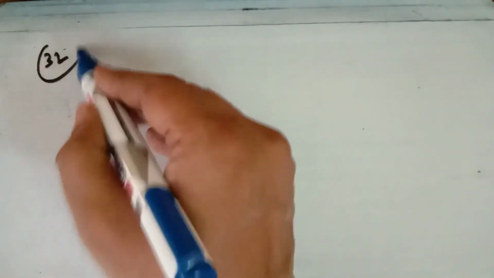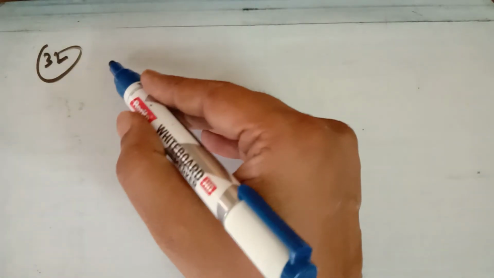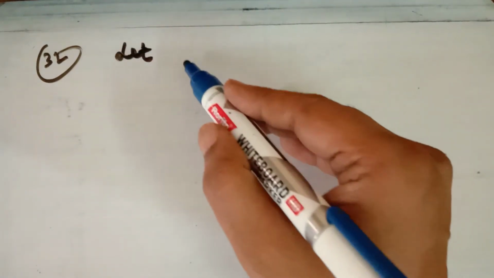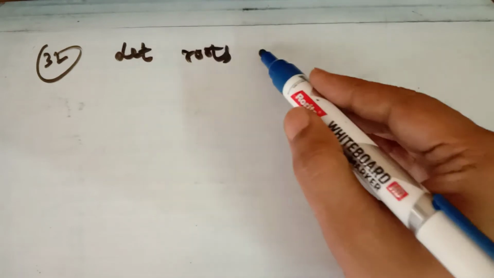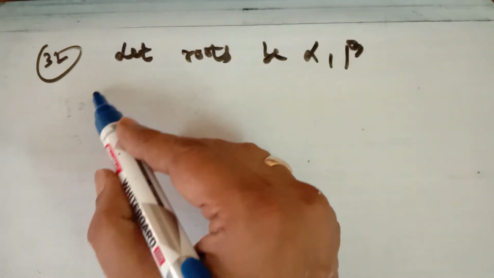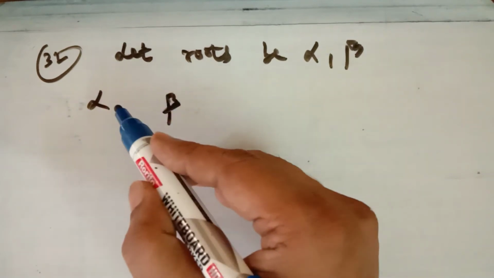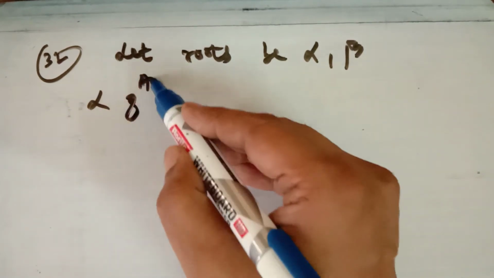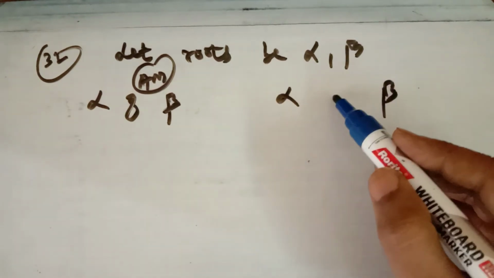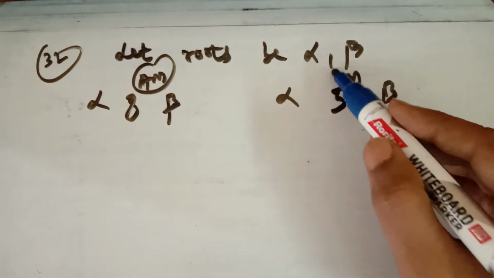In 32nd, it is given that the arithmetic mean of the roots of the quadratic equation is 8. So let the roots be alpha and beta, and the arithmetic mean of these two is given as 8. This is the arithmetic mean, and the geometric mean between these two is 5. This is the geometric mean.